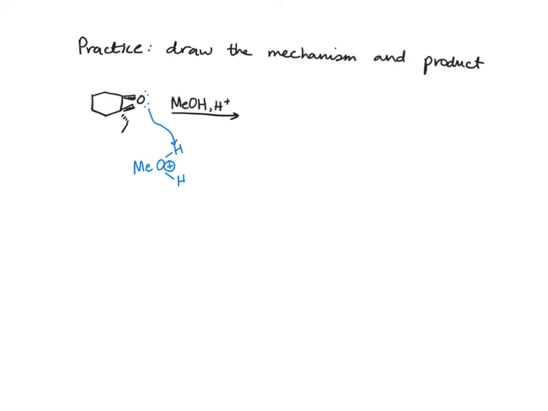Our first step is protonation of the epoxide. When considering which carbon bears more partial positive charge, it's the one in green that is more substituted.